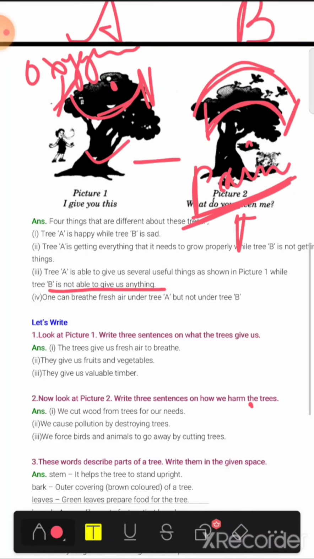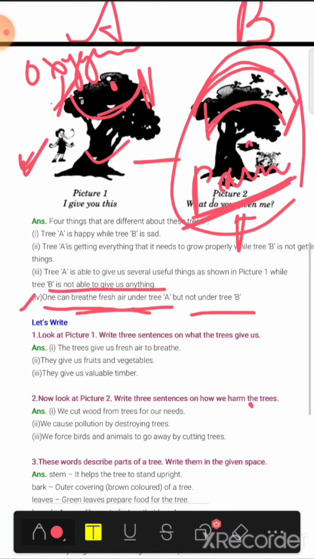The last, fourth point: one can breathe fresh air under tree A. If we sit under tree A, we feel the freshness of the air. But what about tree B? There is so much pollution under this tree, so there is no fresh air under tree B.